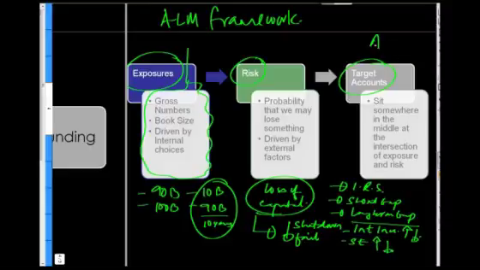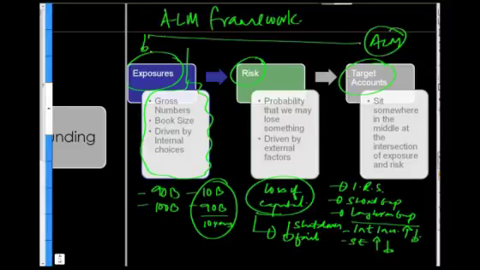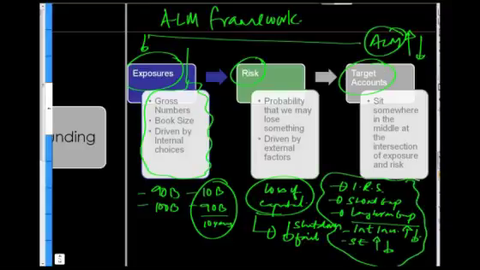So an ALM target account is basically a mechanism of measuring this exposure in such a fashion that you incorporate the impact of interest rate changes going up or coming down directly into these numbers. And the reason why you do this is because you use this as a tool for keeping an eye on this risk. This set of numbers that we've just spoken about are numbers that we use primarily to ensure that our bank or our people or our teams do not book exposure at a level where the bank will fail or may possibly fail.